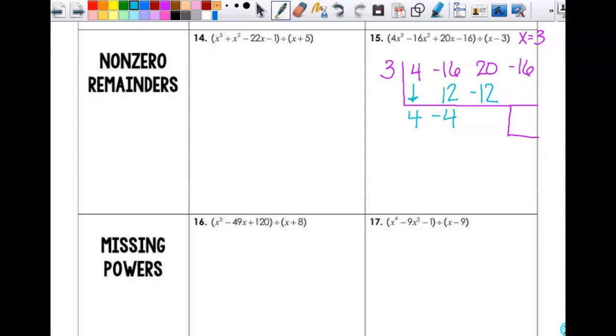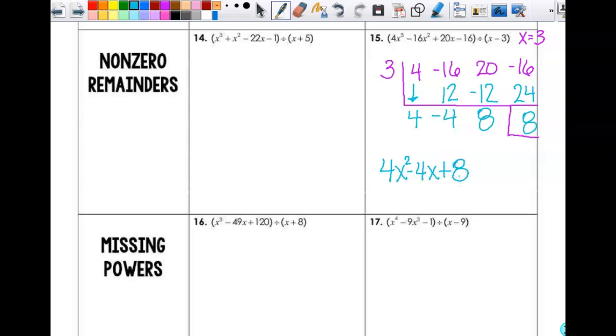Notice how I'm not changing the signs like I did with the long division, right? Vertically combine and I get 8. 3 times 8 is a positive 24. Vertically combine those and I get 8 again. So looking at the numbers, I have 3 numbers that don't include the remainder, which means it's a second degree polynomial. So this is 4x squared minus 4x plus 8.